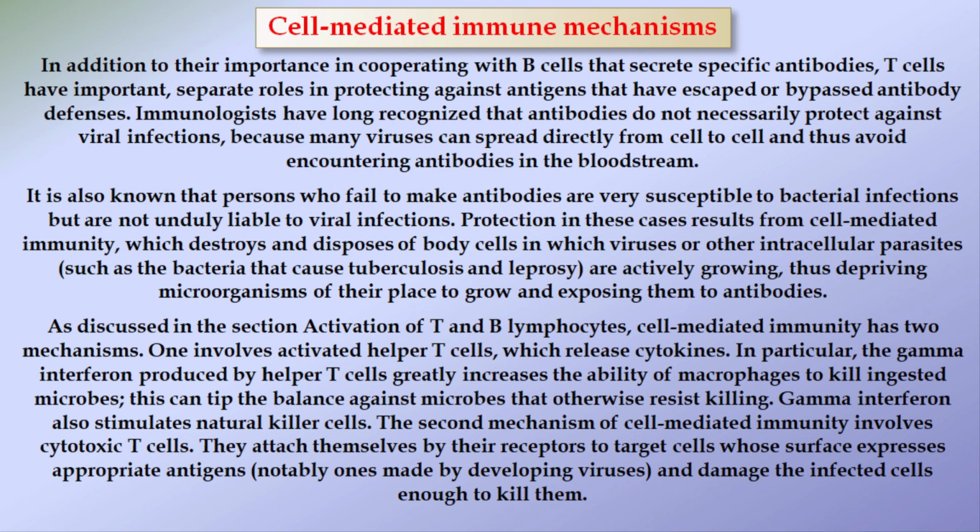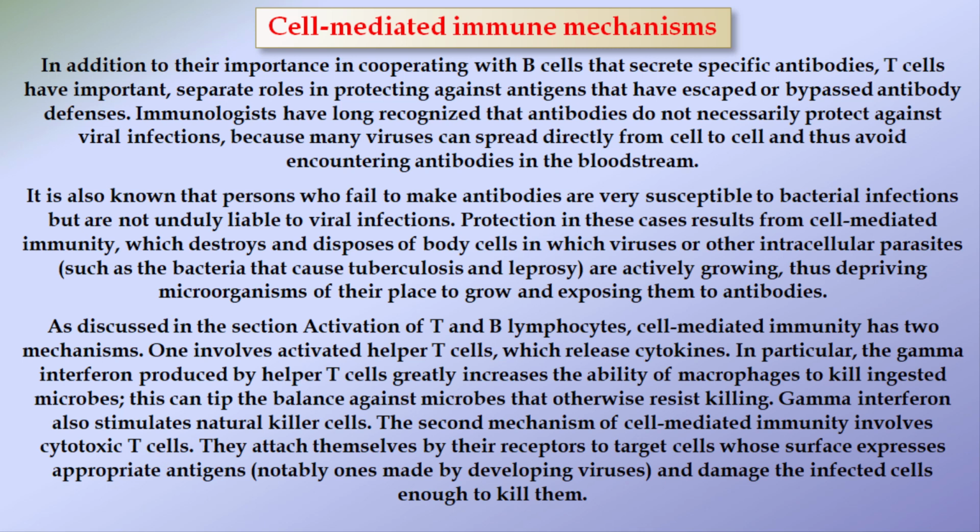One involves activated helper T cells, which release cytokines. In particular, the gamma interferon produced by helper T cells greatly increases the ability of macrophages to kill ingested microbes. This can tip the balance against microbes that otherwise resist killing. Gamma interferon also stimulates natural killer cells.